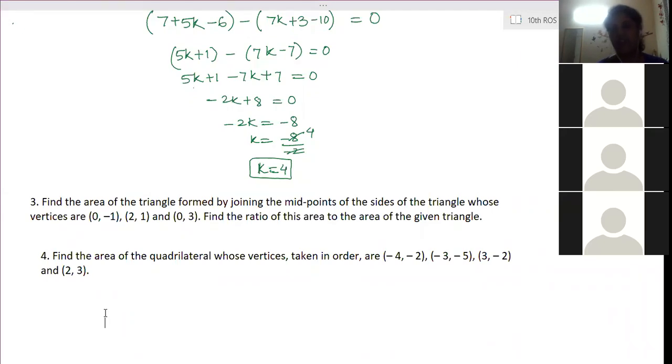Have you taken half outside the bracket? Yes, ma'am. Then also you got 2. What are the coordinates you got? Midpoints? Ma'am, I'm getting 1/2 now. Ma'am, coordinates for midpoints I got 0, 1, 1, 2, and 1, 0. Yeah, then area is?